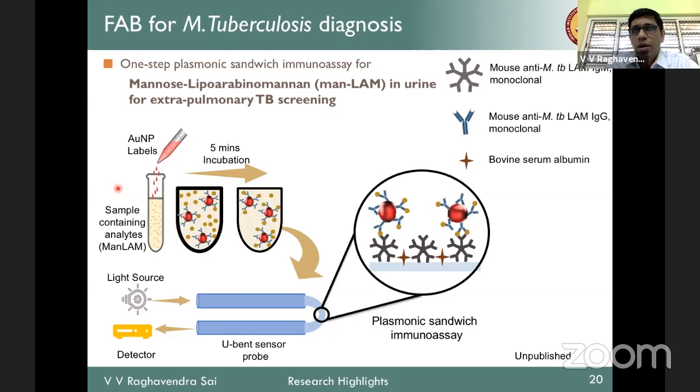Now, apart from HIV, another important disease that is plaguing the poor man is tuberculosis, Mycobacterium tuberculosis. We have applied the same assay for tuberculosis diagnosis using something called MANLAM, mannose lipoarabinomannan, in urine. Why urine? Urine is so simple to use. You don't need sputum.